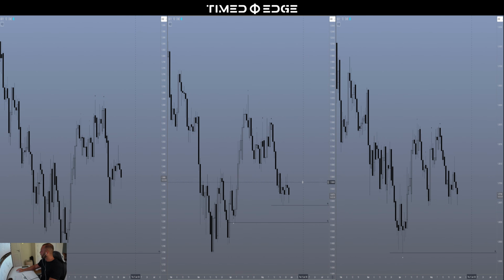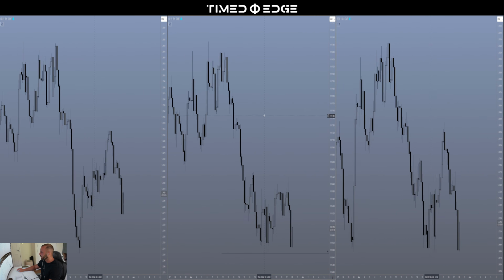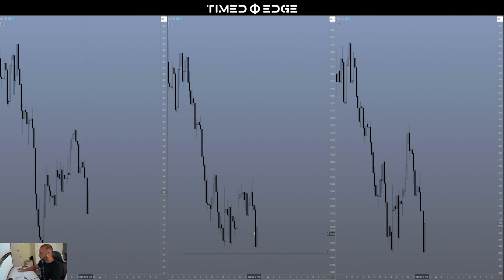All assets close below. Let's just have a look at the 6 hour. Right, yeah, so we've had a wick below the 6 hour there. Okay, what does that mean? I want to see mean reversion, 50% of the previous 6 hour range. Looks like we're all above that zone now. Let's just mark that on there so everyone can see what I'm looking at.